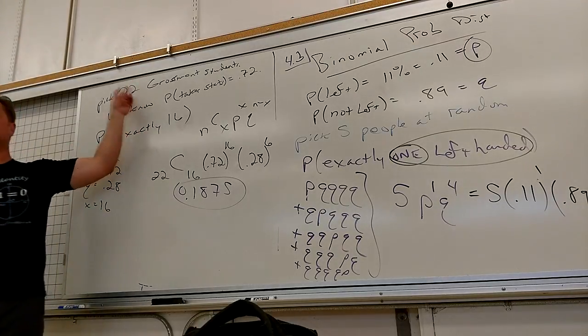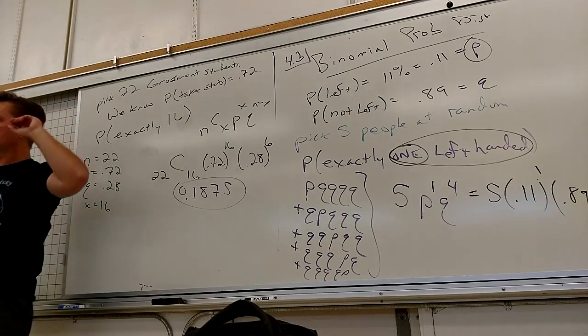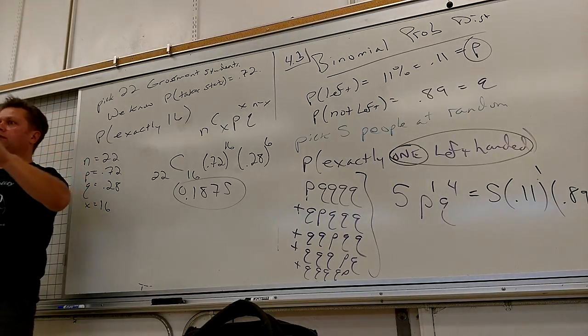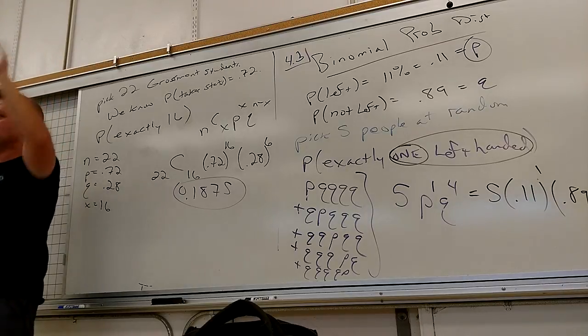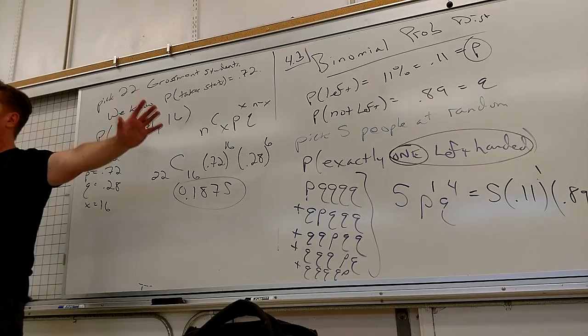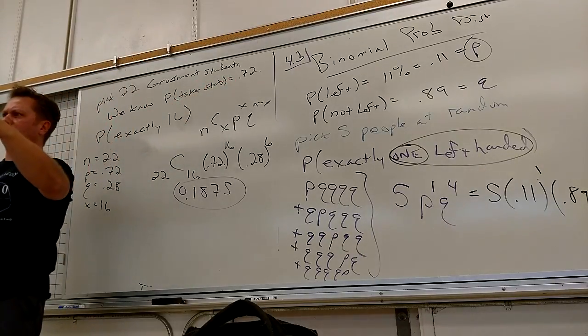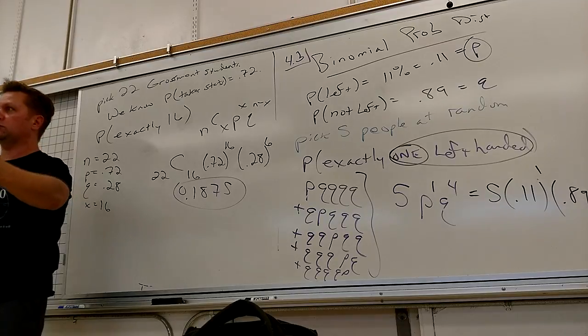More than 11. Would it be more than 11? Totally more than 11. In fact, we can figure out exactly what it is. What percentage of all gross plus students have to take stats? 72%. So what percentage of any group of randomly selected gross plus students? 72%.